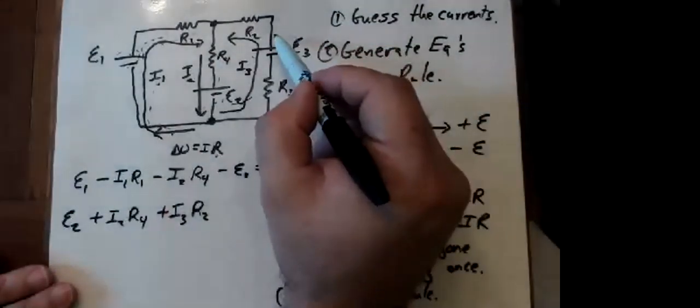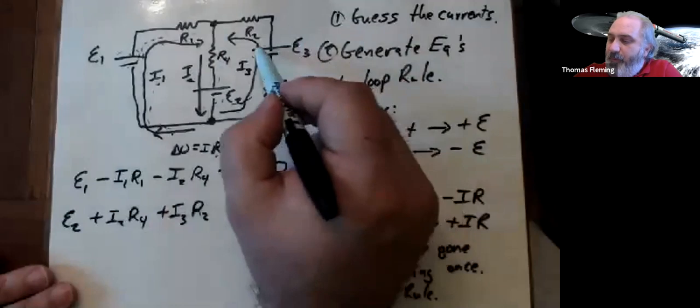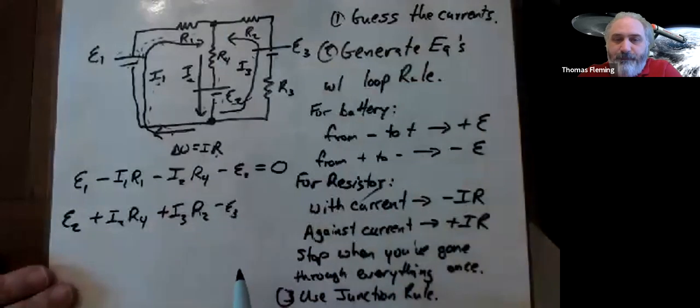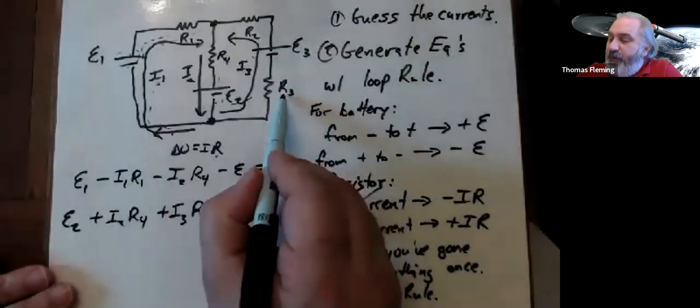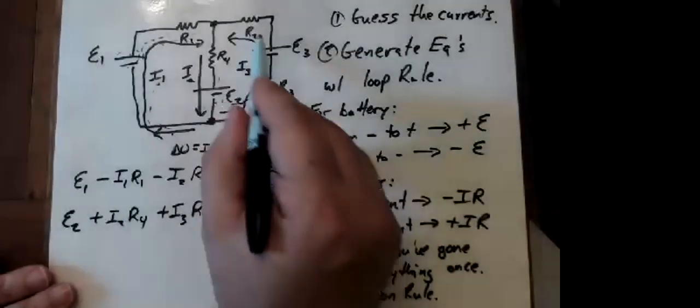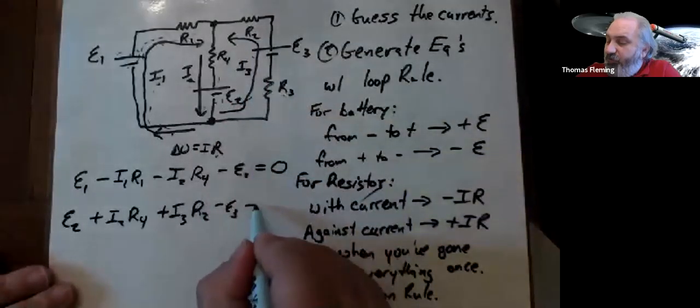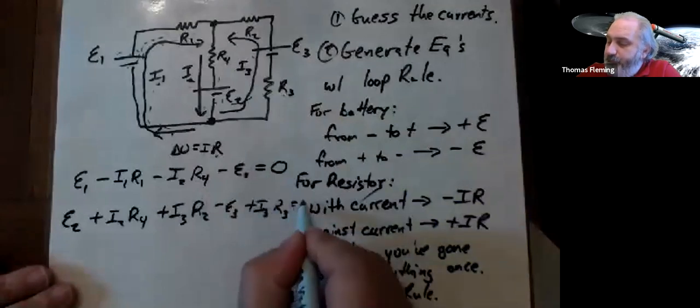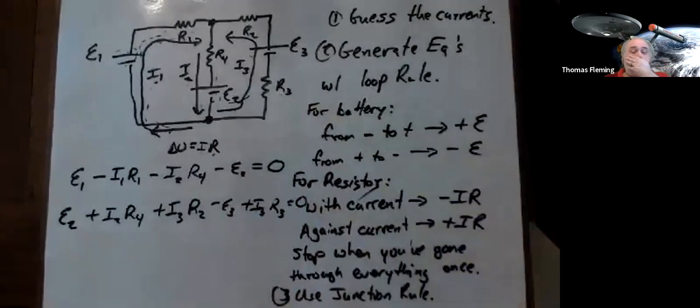Then I'm going across battery 3 from the positive to the negative. So minus EMF 3. Then I'm going across resistor 3, still going against the current. So it's plus I3 R3. And all that equals 0.